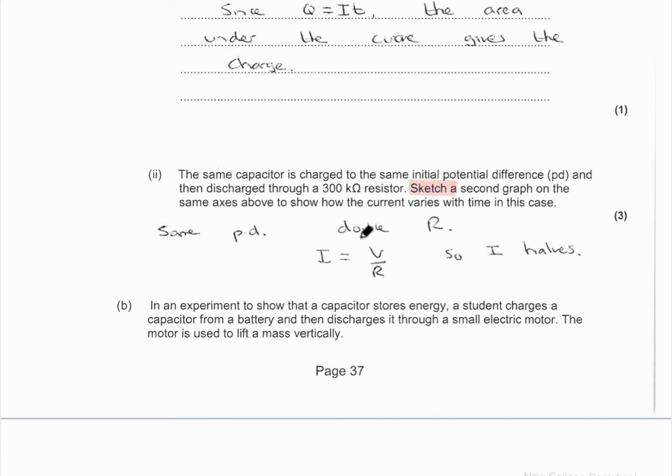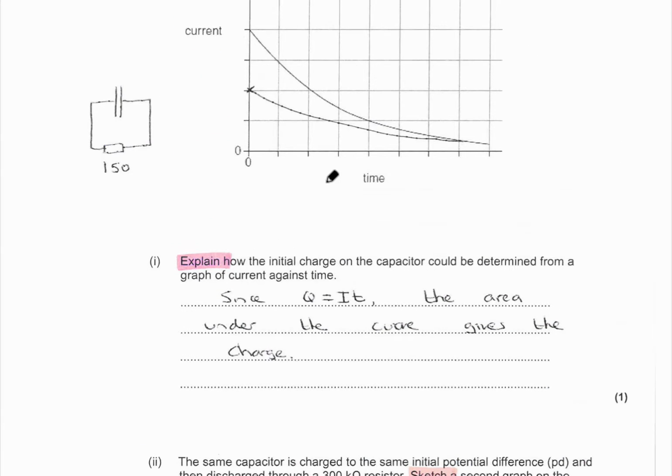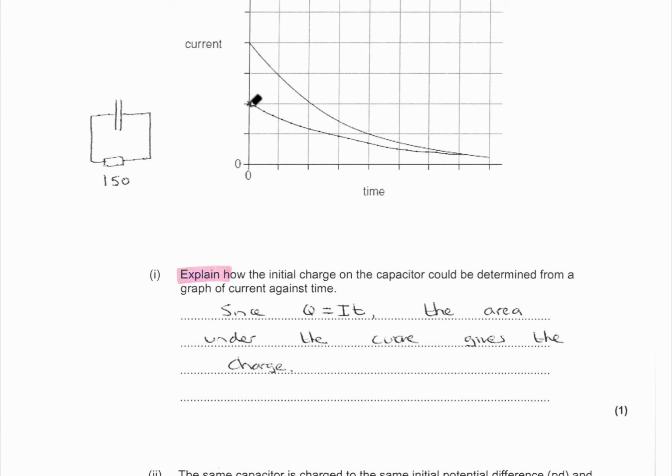So the starting current, when we discharge the capacitor through this particular resistor, will be half what it was when we had a 150 kilo ohm resistor instead. So if we go back to our graph, that's our first marking point. The first mark you get is for putting a little cross at half the current compared to what it was when it was being discharged through the 150 kilo ohm resistor.